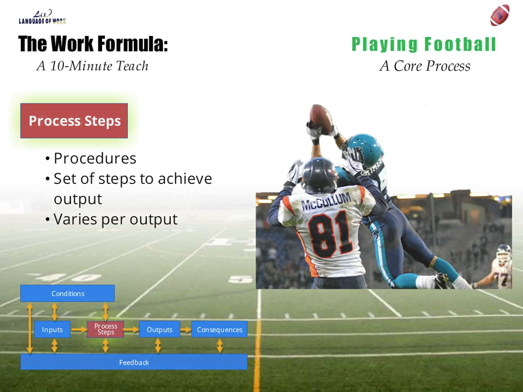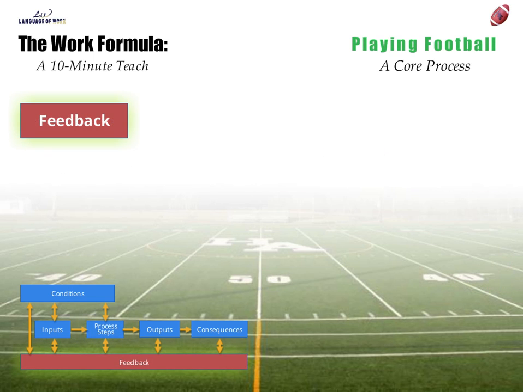Finally, there is the work element known as feedback. Feedback includes the sources of communication helpful in producing quality work and that let us know we have successfully completed it. During the play of the game, there is feedback from coaches, other players, and so forth that help play the game successfully. We call this during feedback.